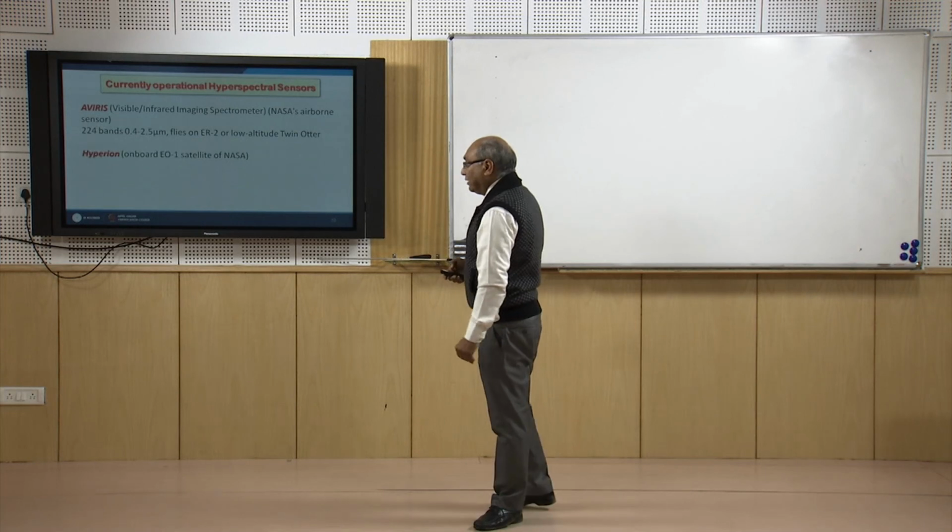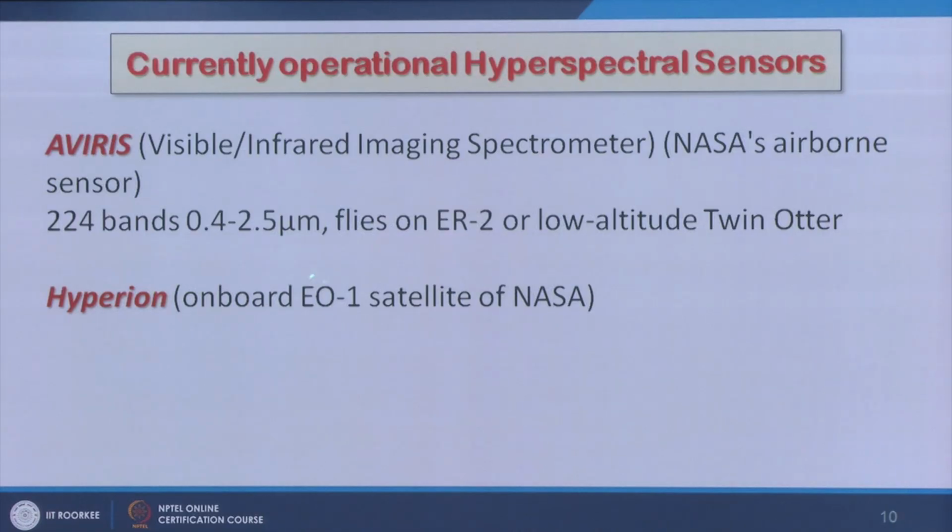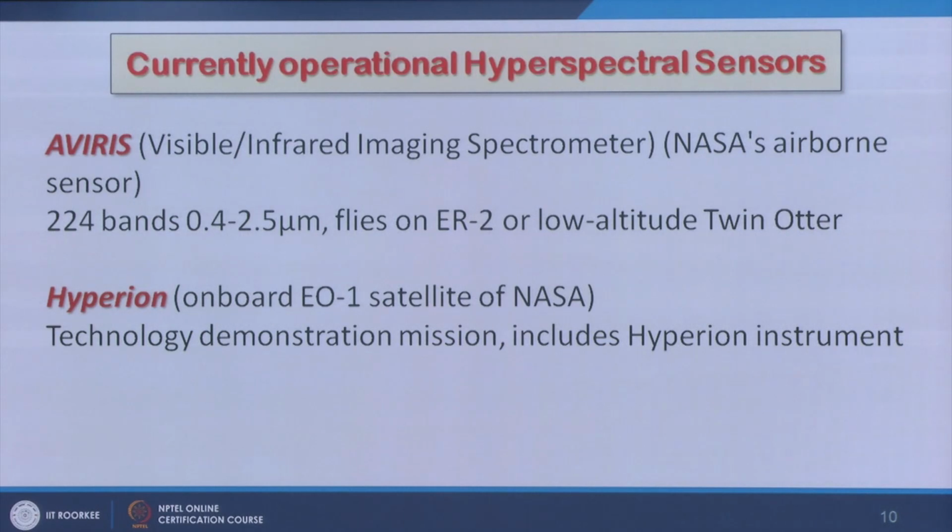This was done by putting the Hyperion sensor on board Earth Observing-1 of NASA, which had almost the same kind of bands and other things, which we will see. The main purpose was to demonstrate the technology.